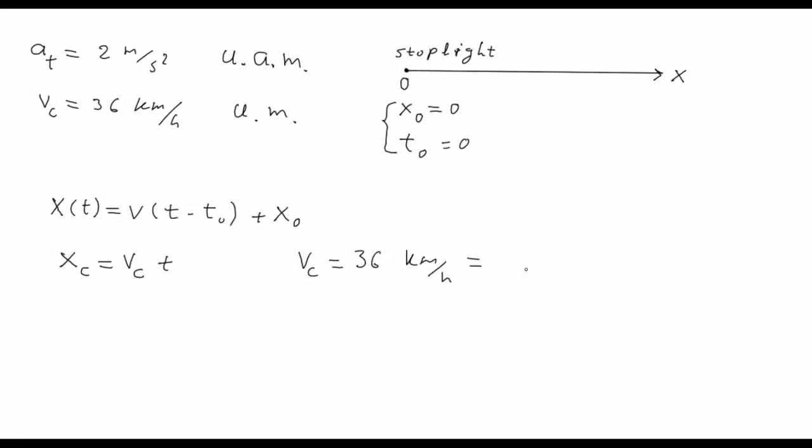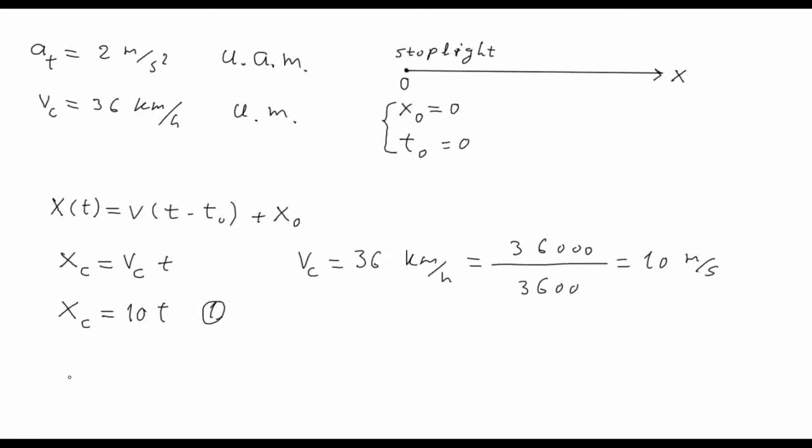That is equal to 36,000 meters per 3,600 seconds. That is 10 meters per second. So the position of the car in terms of time is equal to 10 times t. This is the first relation we found for this problem.